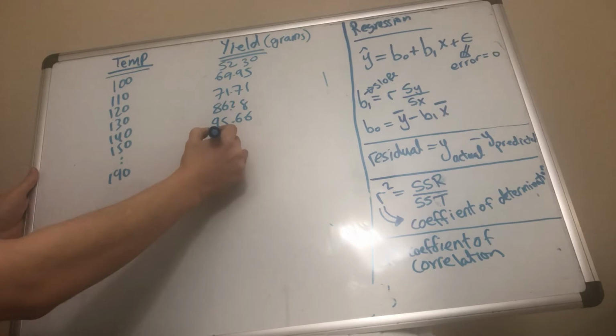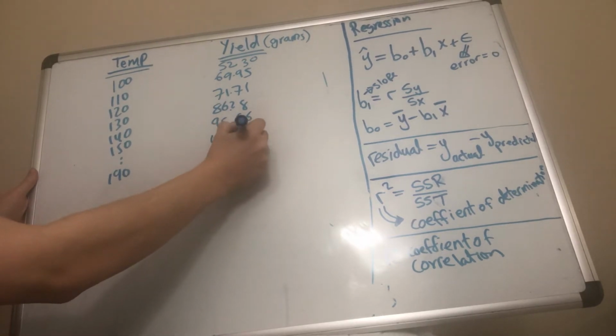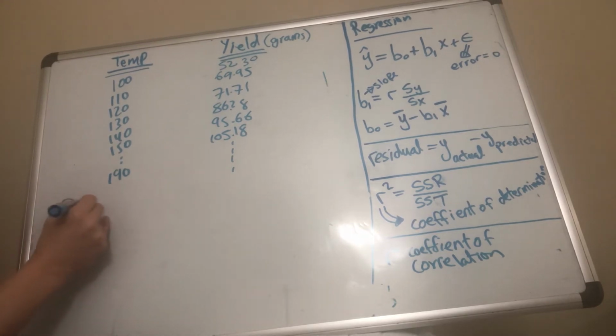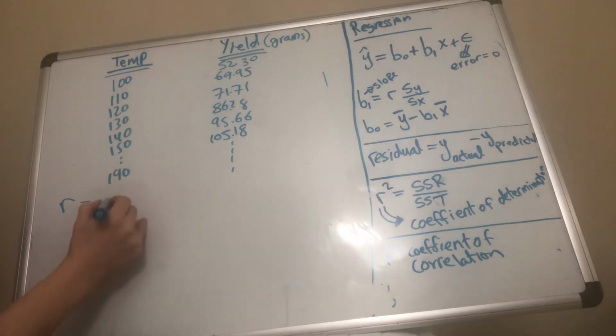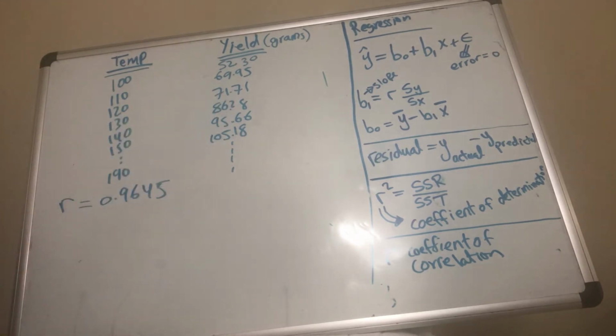For 150, it's 105.18, and they give you all the different numbers. Also, if you read the two lines after the table, they give you R, the coefficient of correlation. R is 0.9645 for this question, meaning the relationship between them is very, very strong.